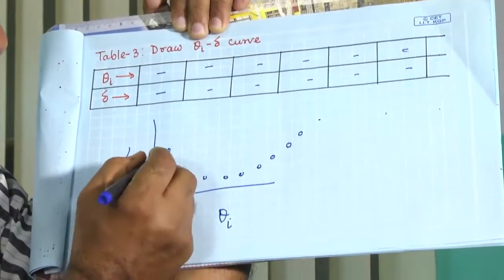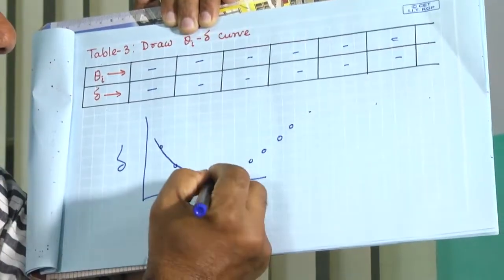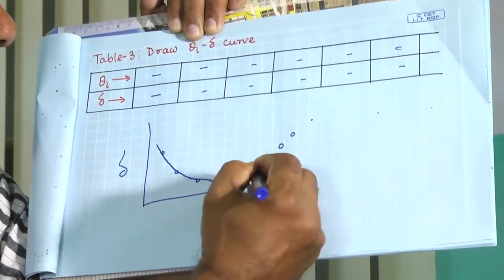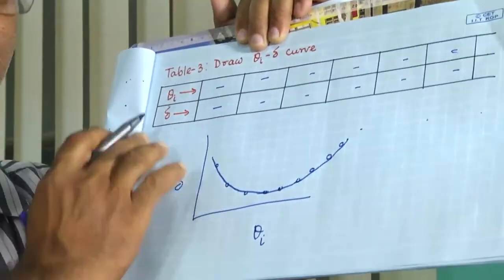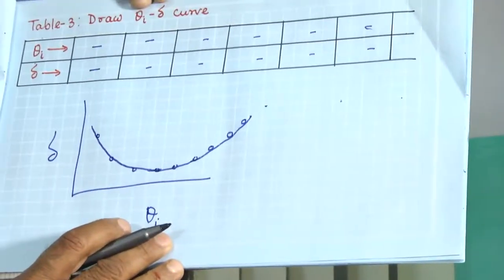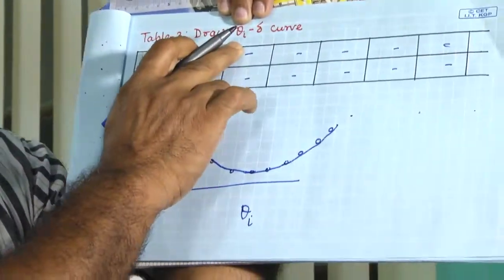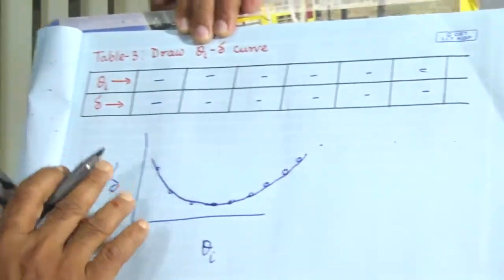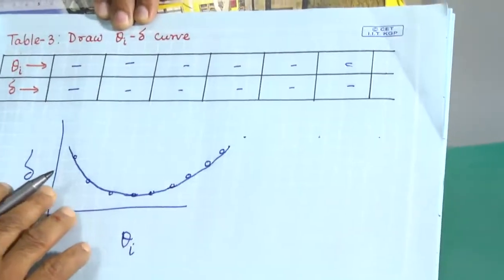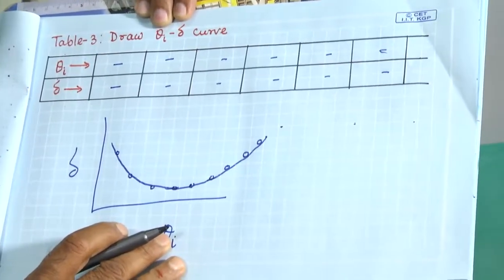Okay, and you connect them. Actually, you should not connect, you should draw a smooth curve, right. So, these are basically your delta, meaning deviation, versus incident angle curve, right.